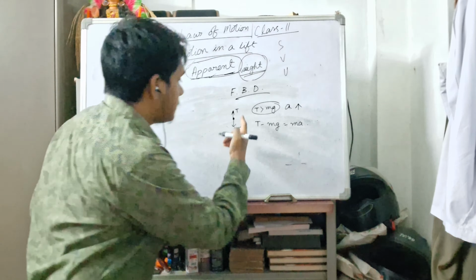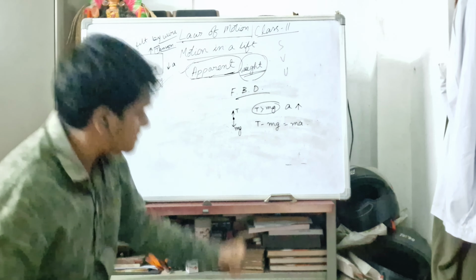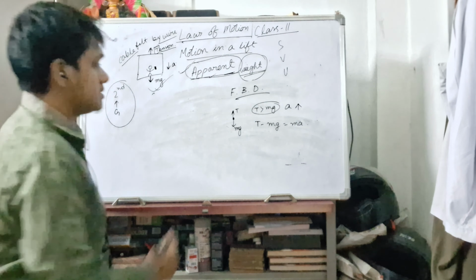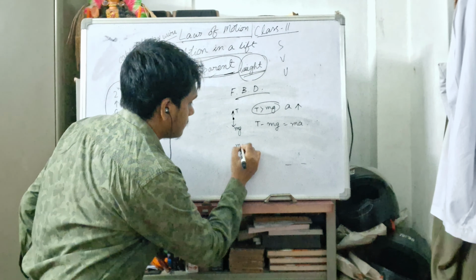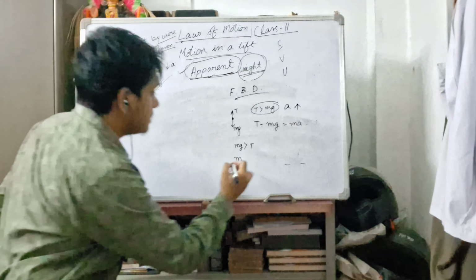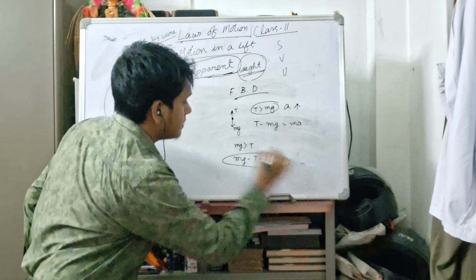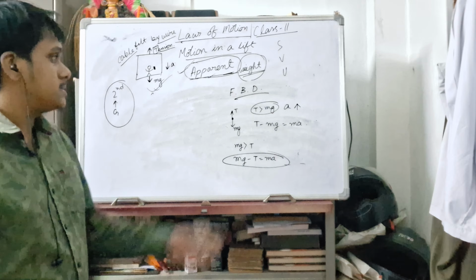Now if mg is more powerful, it is trying to pull it down. If mg is greater than T, then mg minus T will be ma. See how simple.